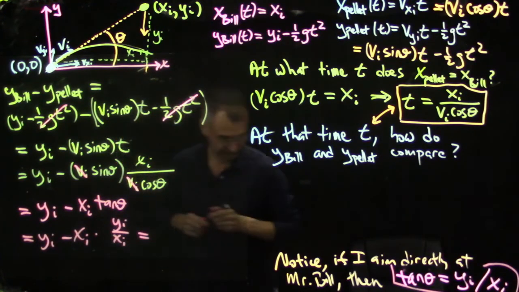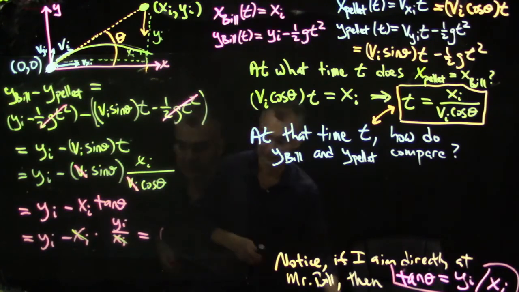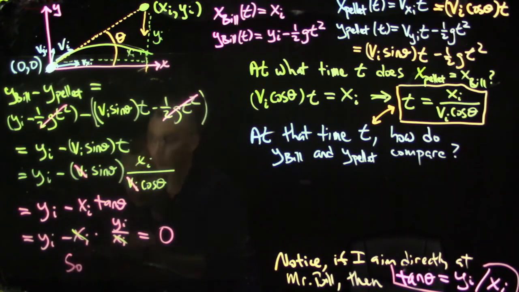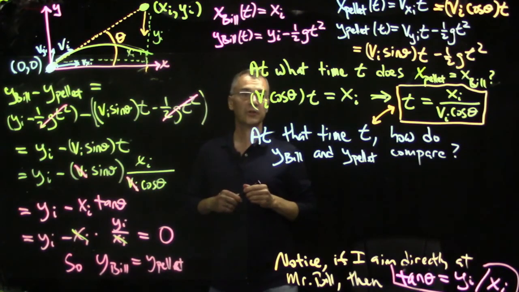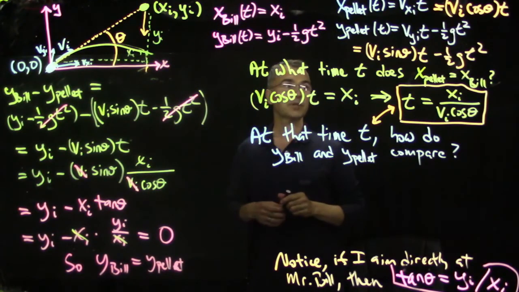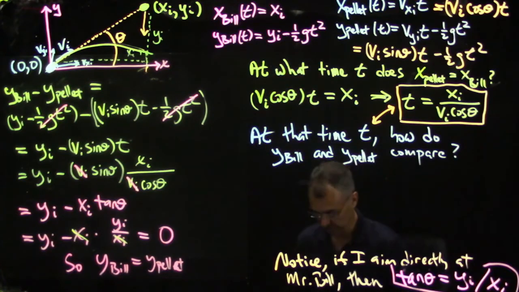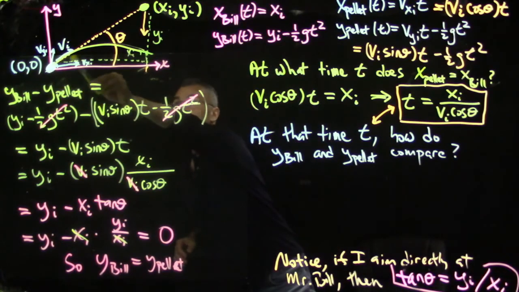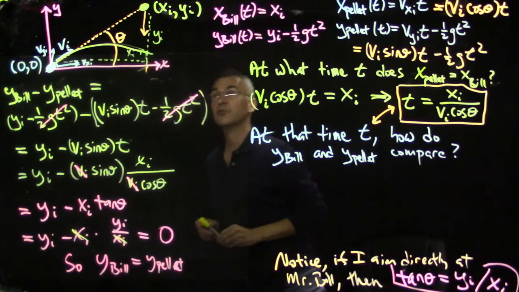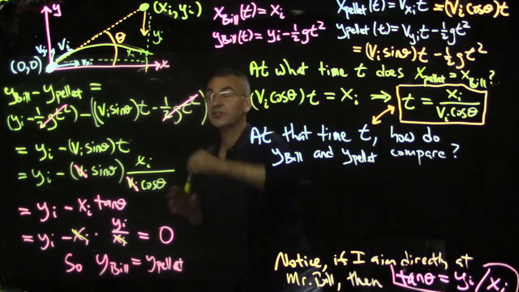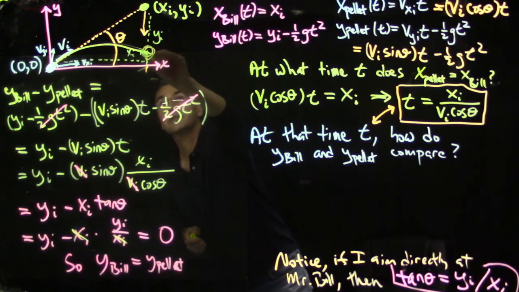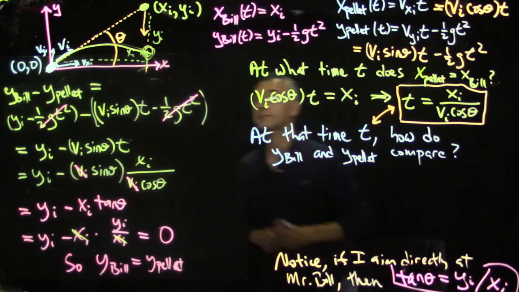So then the x initial cancels out, and we get 0. So y bill equals y pellet at the instant when x bill equals x pellet. So at that instant, when the pellet crosses the downward path of Mr. Bill, they actually are at the exact same vertical location.